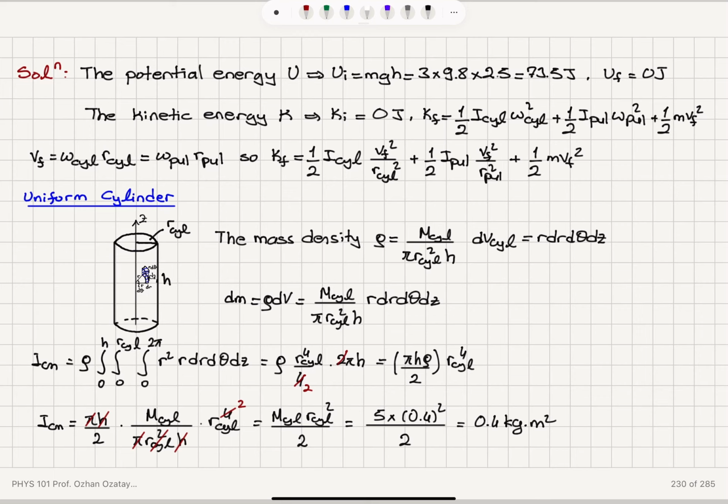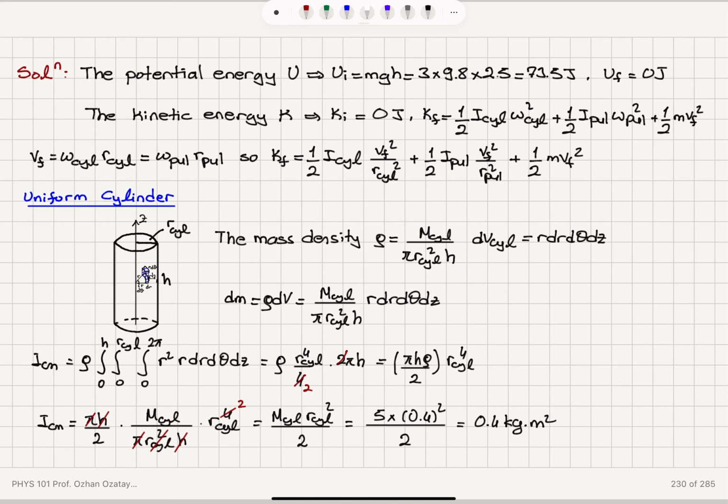And there is a relationship between the speed of the box and the angular speeds of the pulley and the cylinder: omega cylinder times R cylinder equals omega pulley times R pulley equals the final speed of the box. Actually, this relationship is correct throughout the motion, but it is also correct for the final situation. So what I'm calling omega cylinder is the final angular speed of the cylinder, and likewise for the pulley.